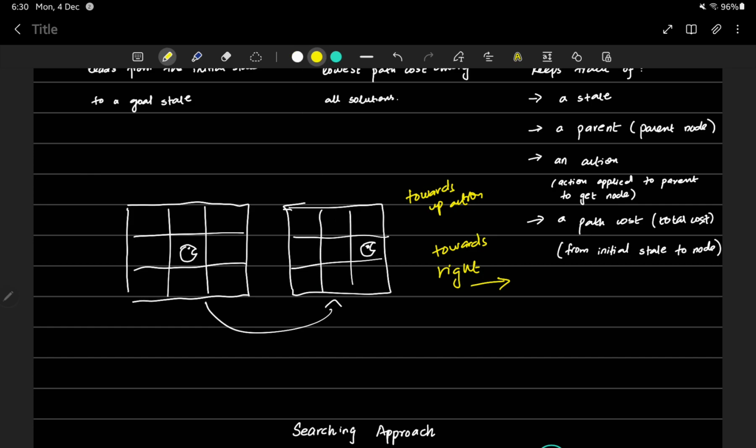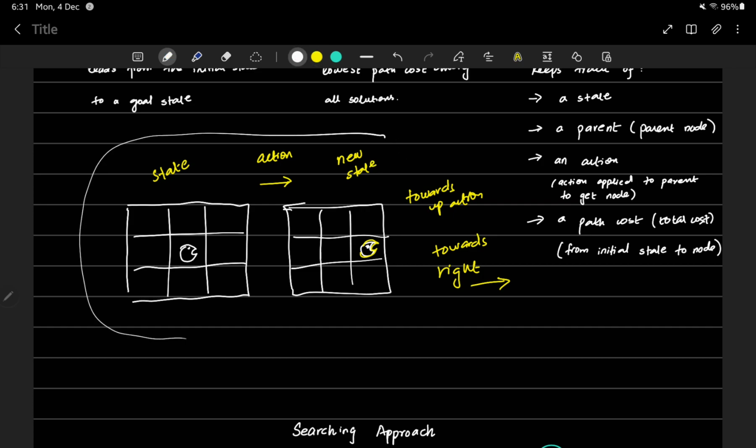So this was the state that we were on initially, right? And we took this action to go right. So it went here. It came up with this new state. Now this whole thing that we saw here, the initial state and the action that we gave it and this new state that it generated, this whole thing is called a transition model.